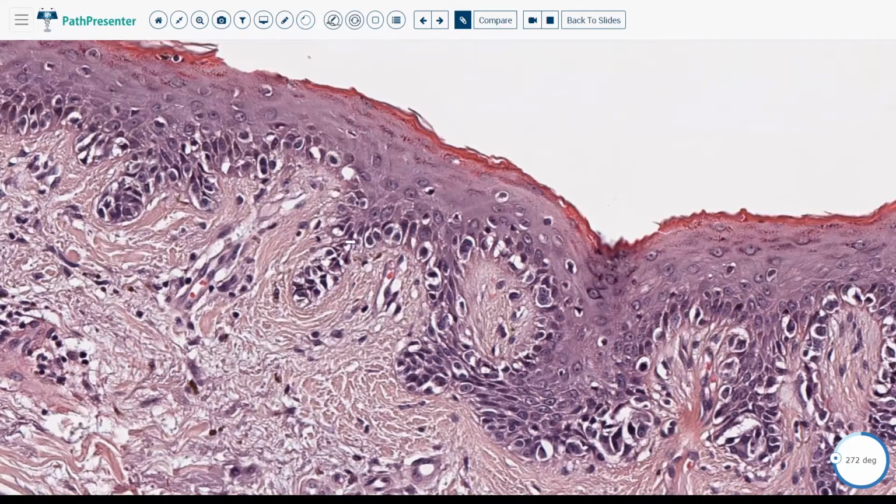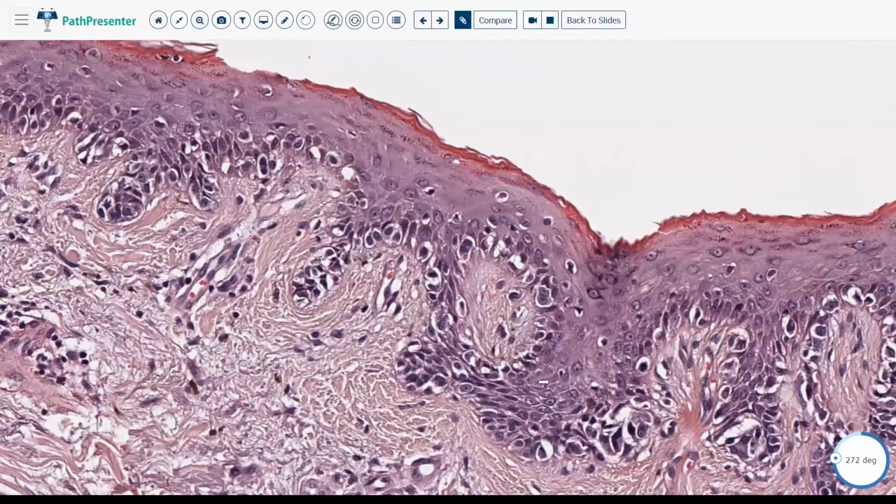So what I'm trying to say here is that if the nest is in the junctional melanocytic nevi, the normal, the benign ones, the nest will try to form at the tip of the rete ridges here.